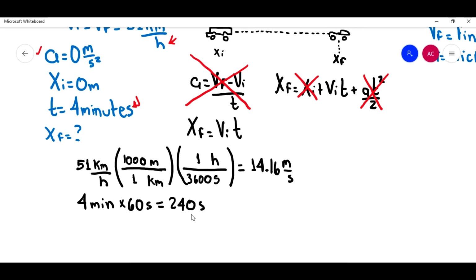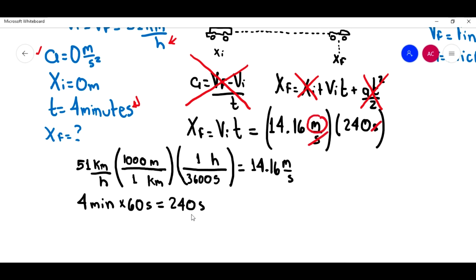Okay, so let's perform that operation. Initial velocity is 14.16 meters per second, multiplying 240 seconds. If you see, seconds are going to be eliminated with seconds and it will remain meters.